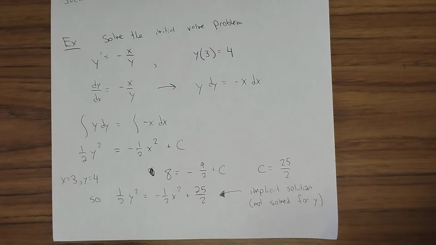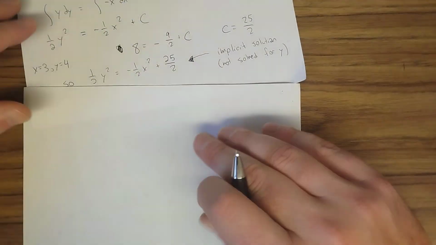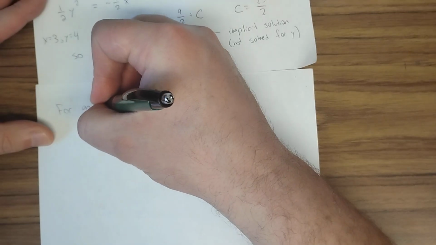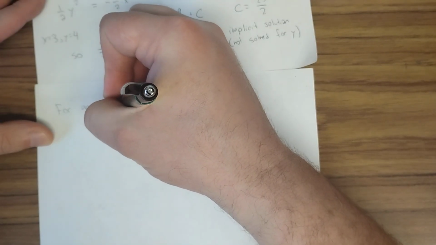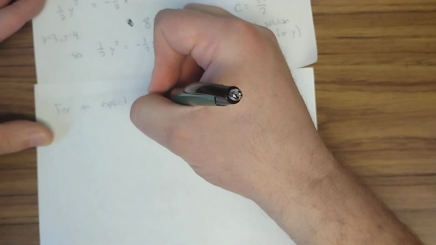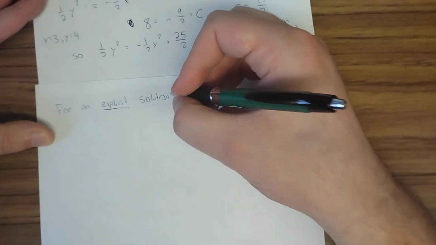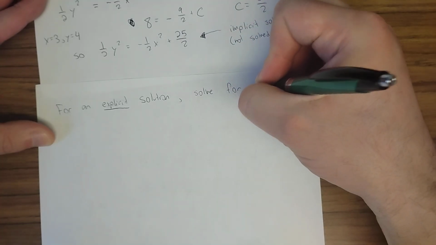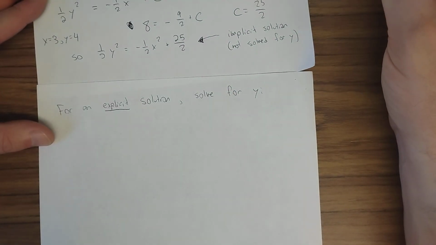I am usually okay with implicit solutions, but sometimes I and many times other people would want an explicit solution. So it's not hard. We would just solve for y.